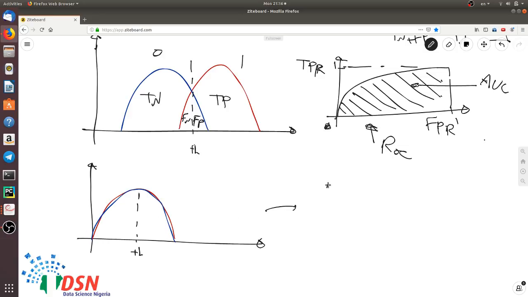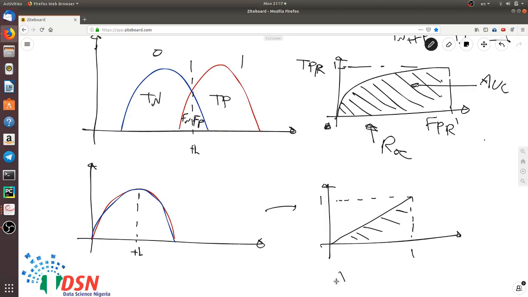If you plot the ROC for these distributions, then you will have a line for your ROC, and the AUC is this area, which is 0.5.